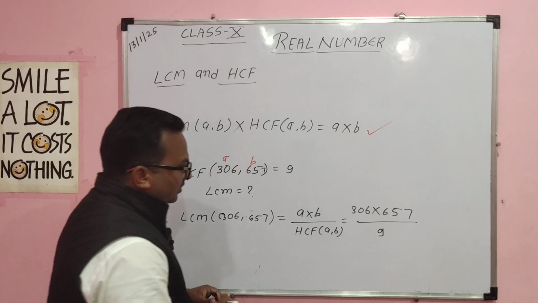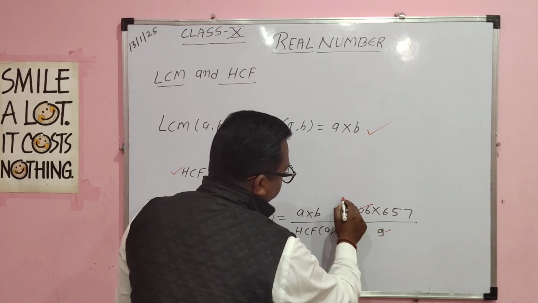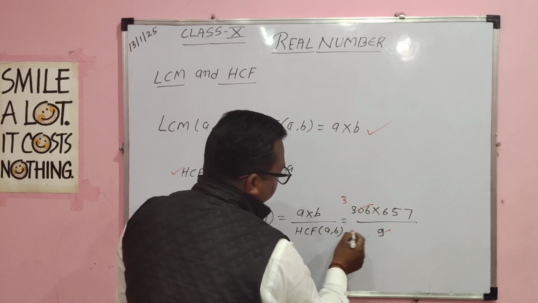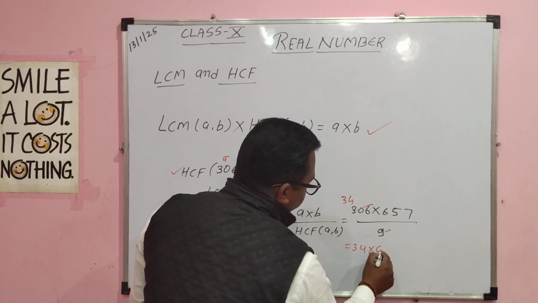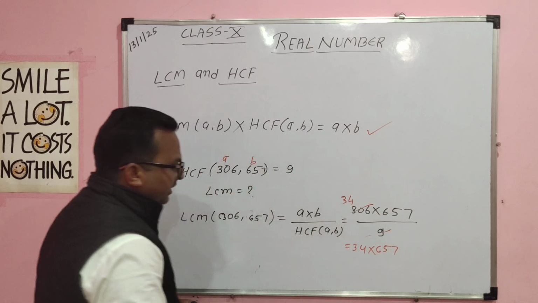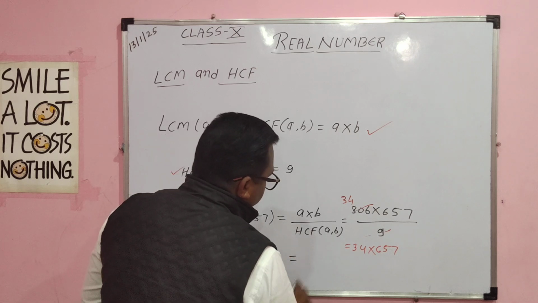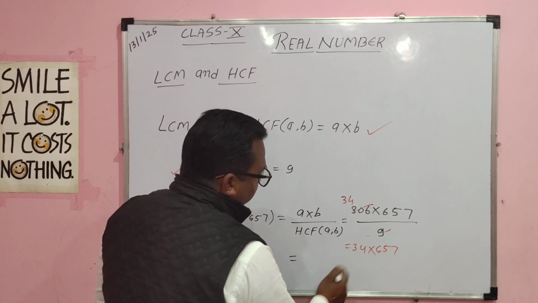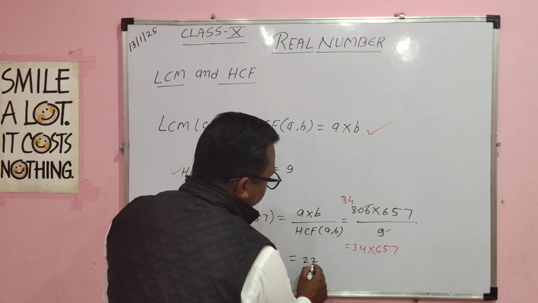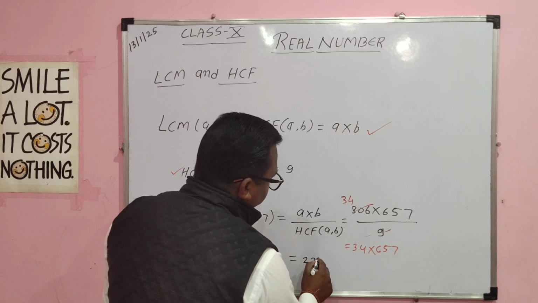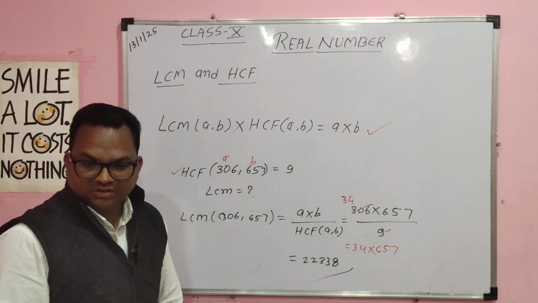Cancel out: 3 3s are 9, 3 9s are 27, and 9 4s are 36. So 34 multiplied by 657. After we calculate 34 multiplied by 657, the answer is 22,338. Yes, correct?